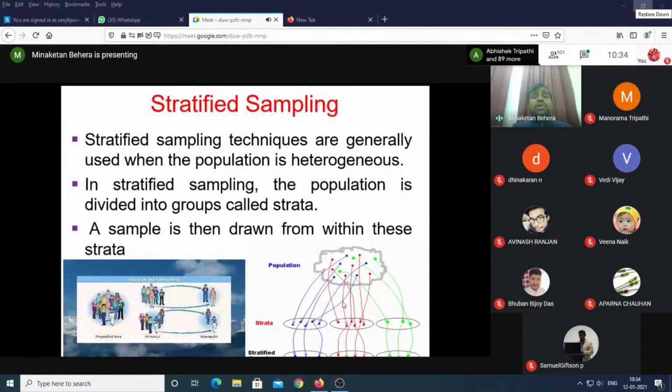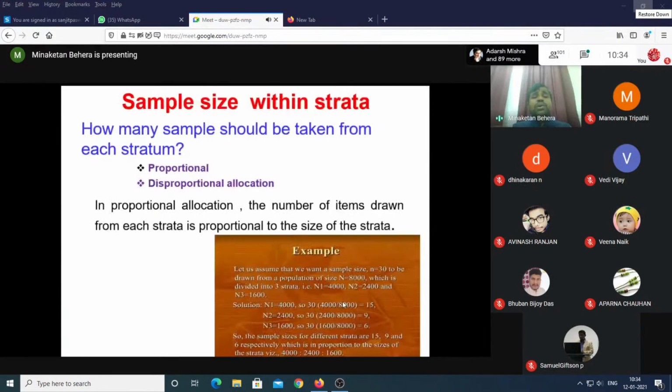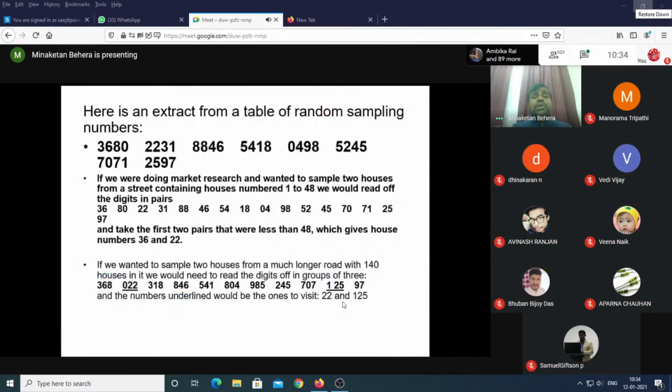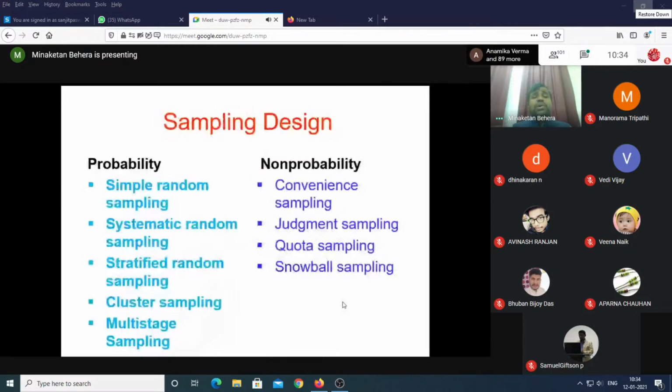I will finish the general idea first, and then we can go to other things. So stratified random sampling is over.